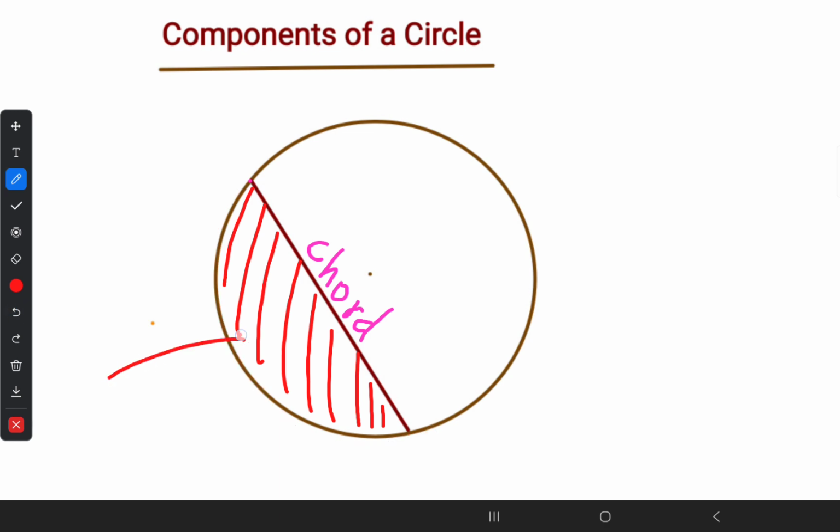This area, the smaller area, when the chord truncates the total area of the circle into portions, you will have the smaller area. This is called minor segment.